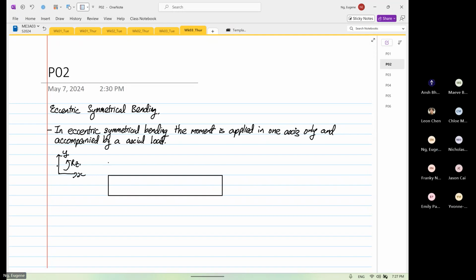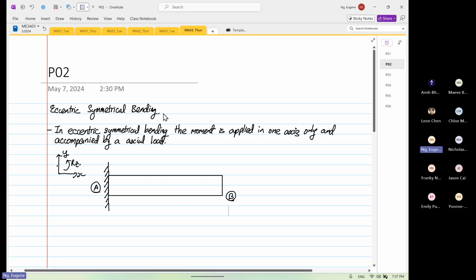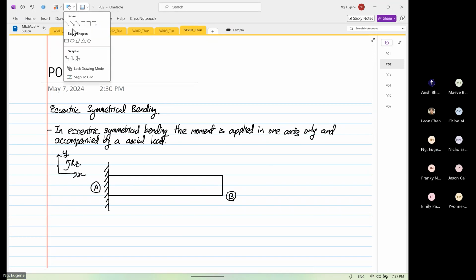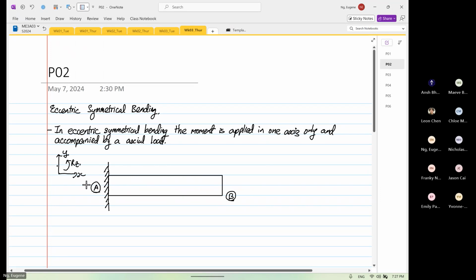So now the structure is built in. This is our point A, and this is our point B. And then I'm going to sketch our geometric centroid. So this is our geometric centroid.